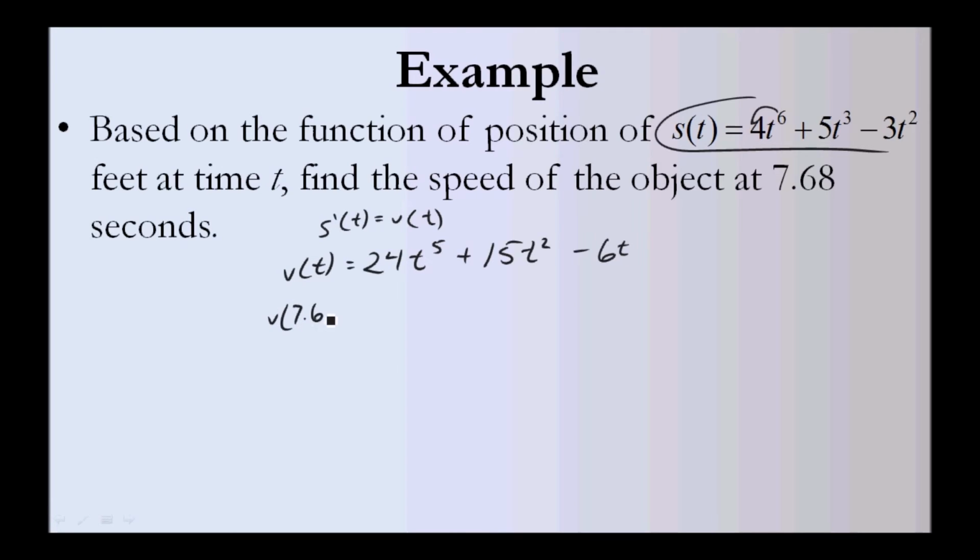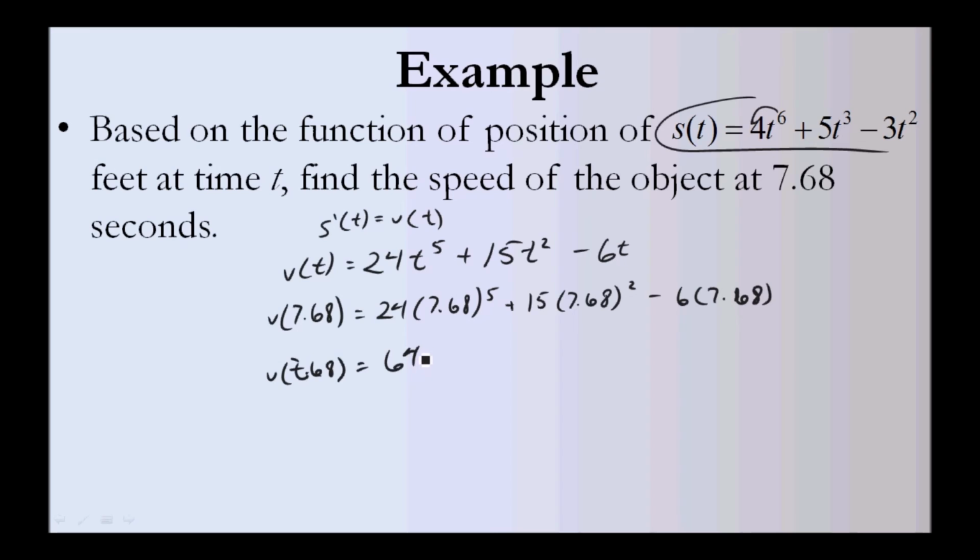V at 7.68 is equal to 24 times 7.68 to the 5th plus 15 times 7.68 squared minus 6 times 7.68. V of 7.68 is equal to 642,074.